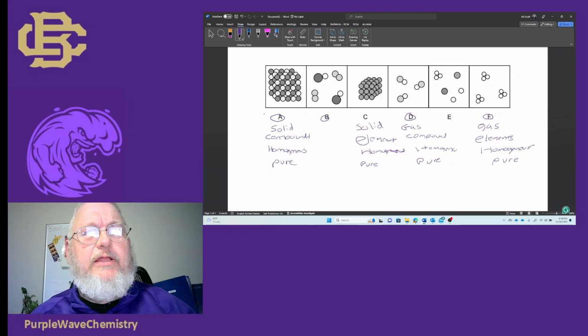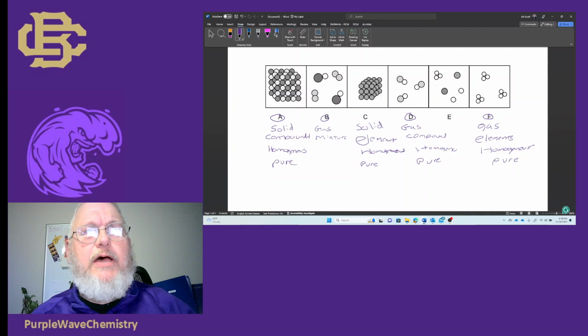Is that a solid, liquid, or gas? I'm going to say that's going to be a gas. Compounds, well, it's definitely a mixture. I'm going to call that a mixture. It's a mixture of compounds is what it is. So that's a mixture.